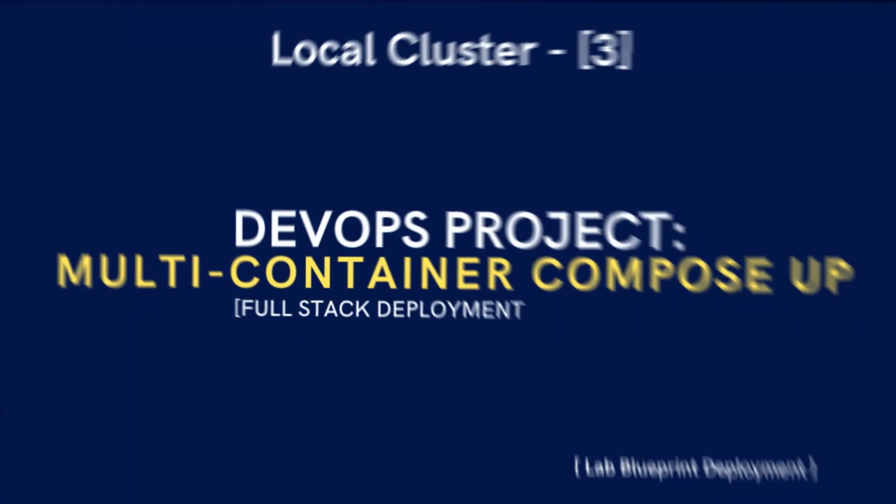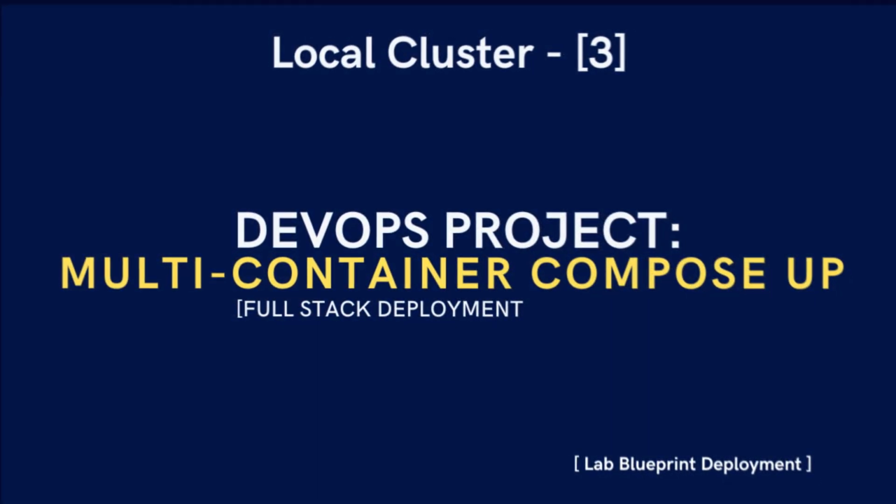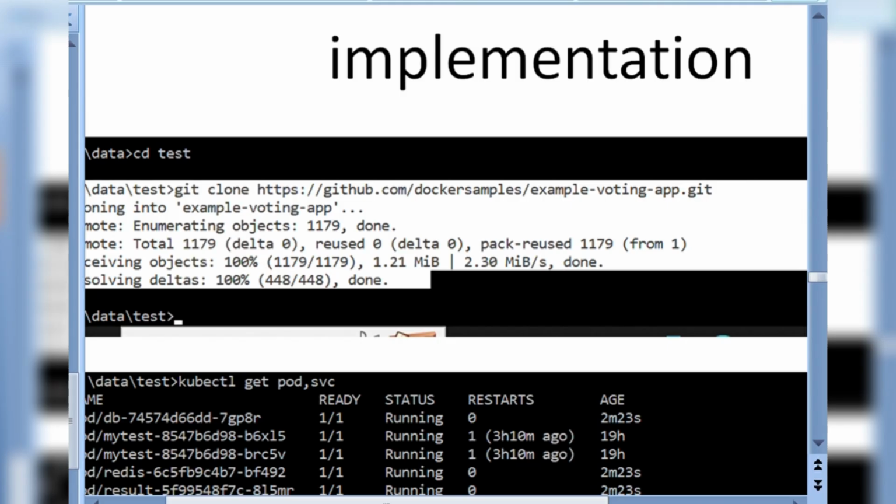In my previous video, I ran Docker build and Docker run. In this video, I would like to show how to use the Docker Compose app. So first of all, I downloaded a voting application from Git, and then implemented this app using Docker Compose.